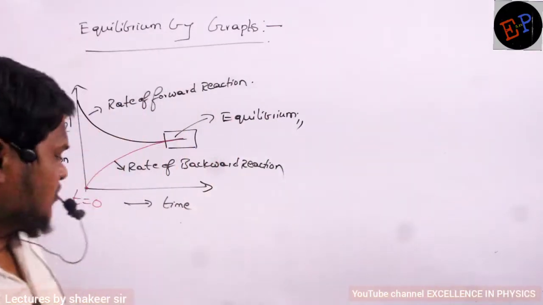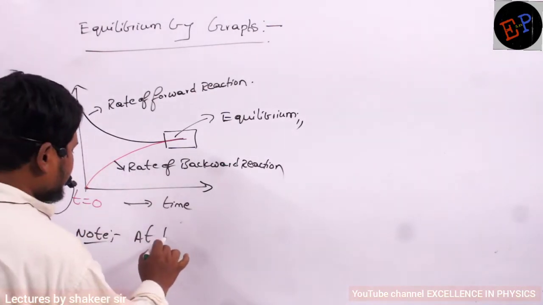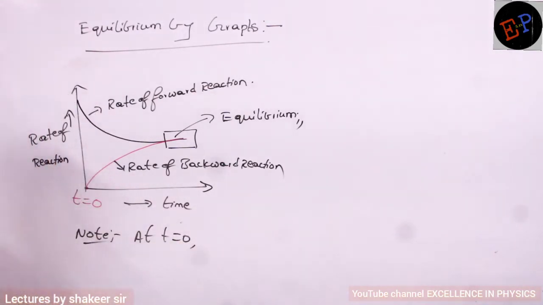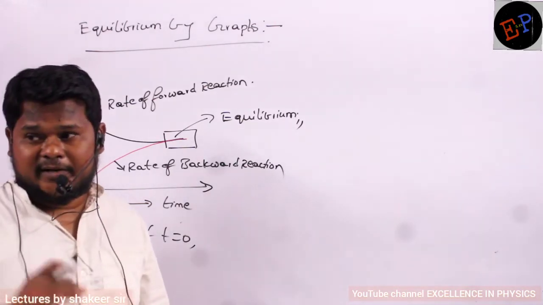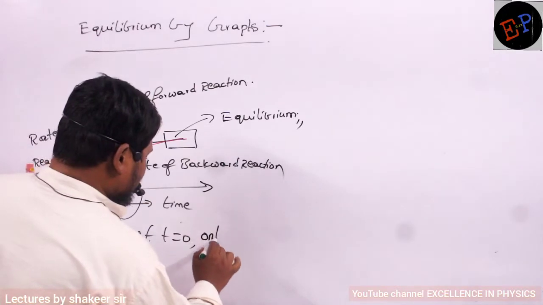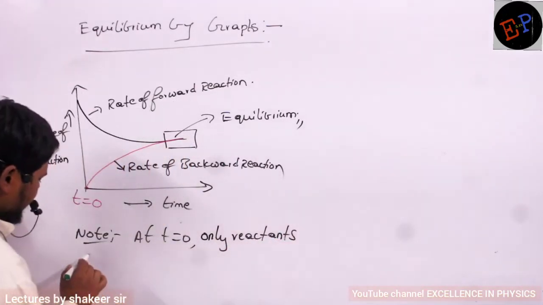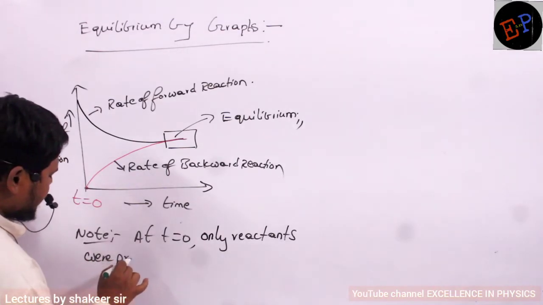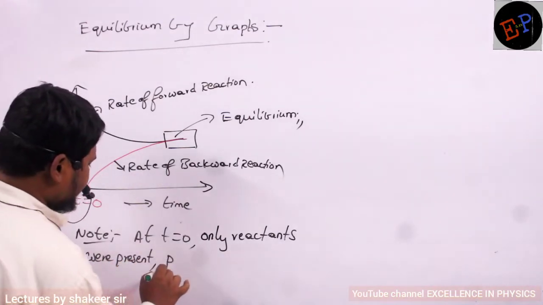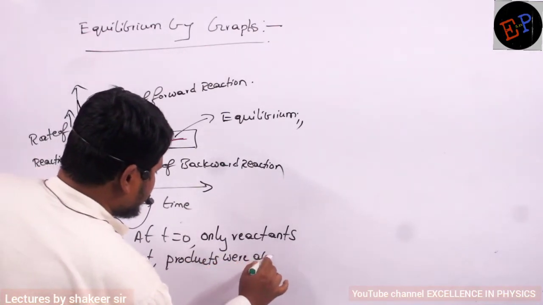Understood? So what are the note points I can write here? Note points: at t equal to 0, that means when the reaction started, only reactants were present. Products were absent. This is a very important point.